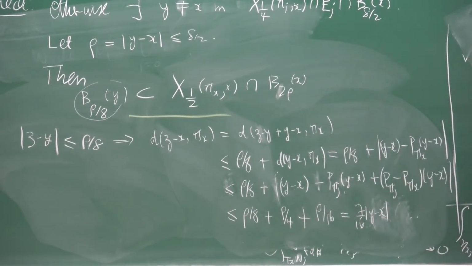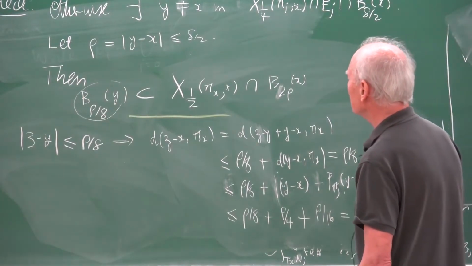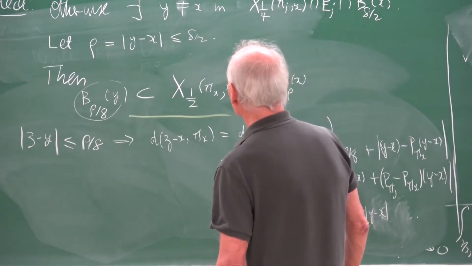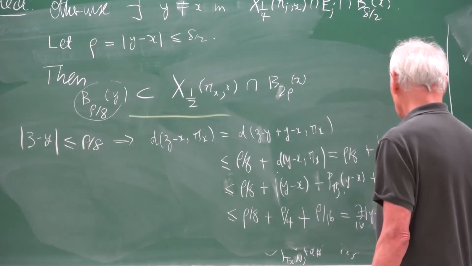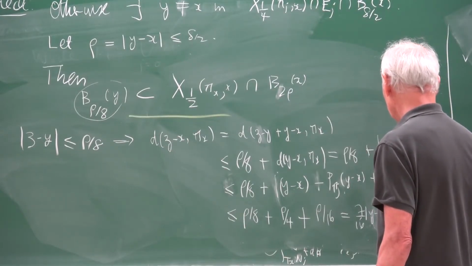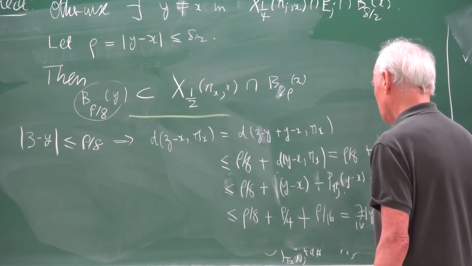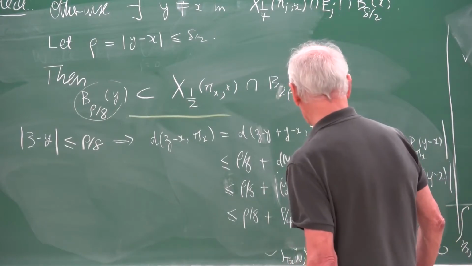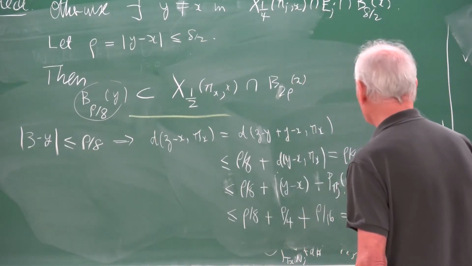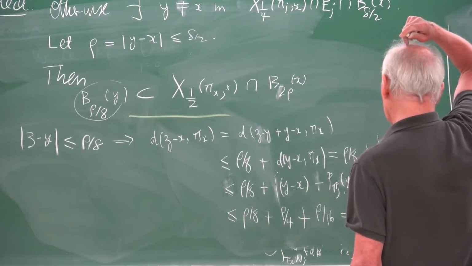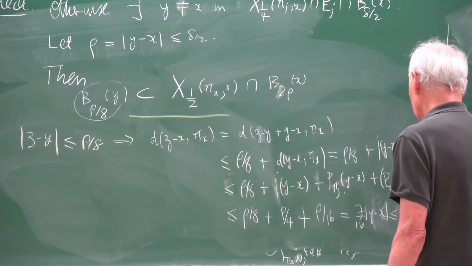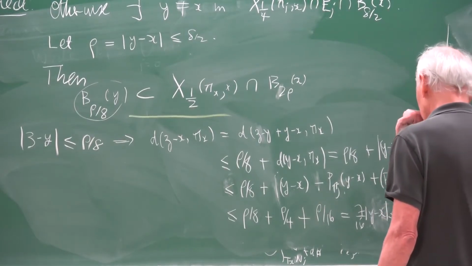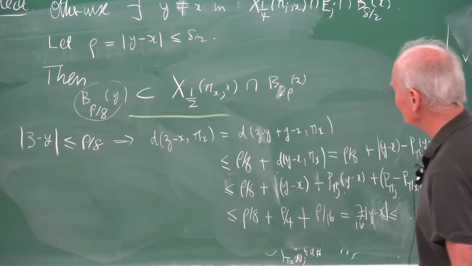That's what we've proved. And that's less than z minus y. Right, z is in the ball of radius rho over 8. So this is less than rho over 8. Oh, I don't think I did do that right.